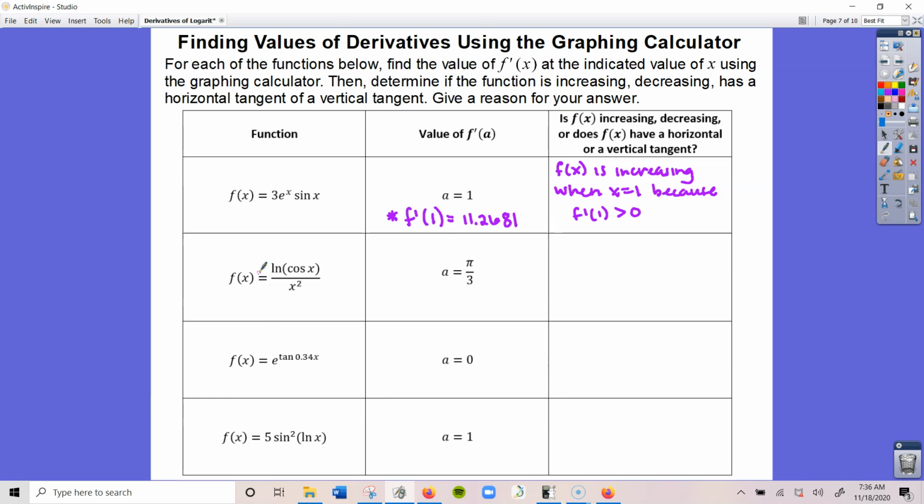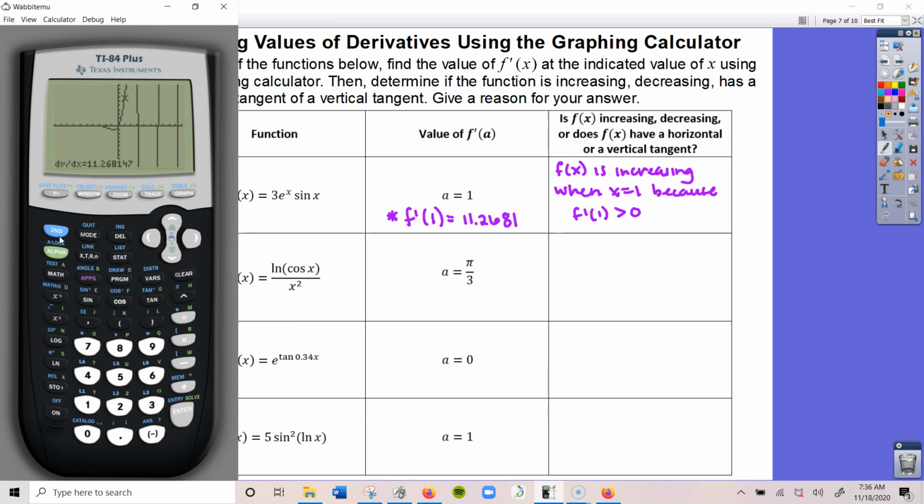We have f of x is equal to the ln of cosine x over x squared. So again, I'm going to go to my y equals, and I'm going to put in my function. I'm going to open a parentheses to indicate that we're going to divide ln of cosine x.